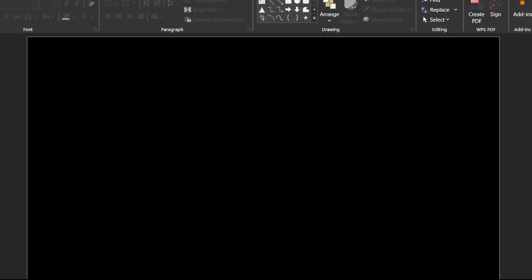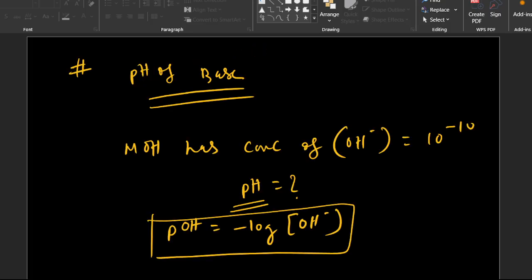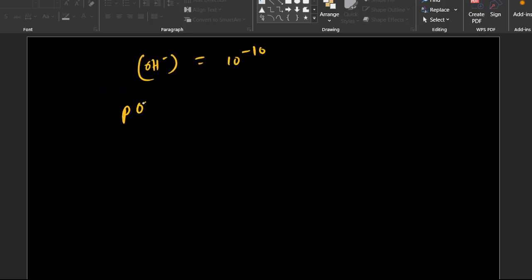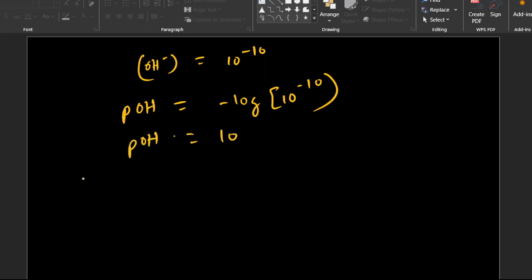Okay, so given that OH minus concentration is 10 raised to minus 10, then pOH will be minus logarithm of 10 raised to minus 10, that will become 10. So pOH equal 10. And one more thing, pOH plus pH equal to 14.